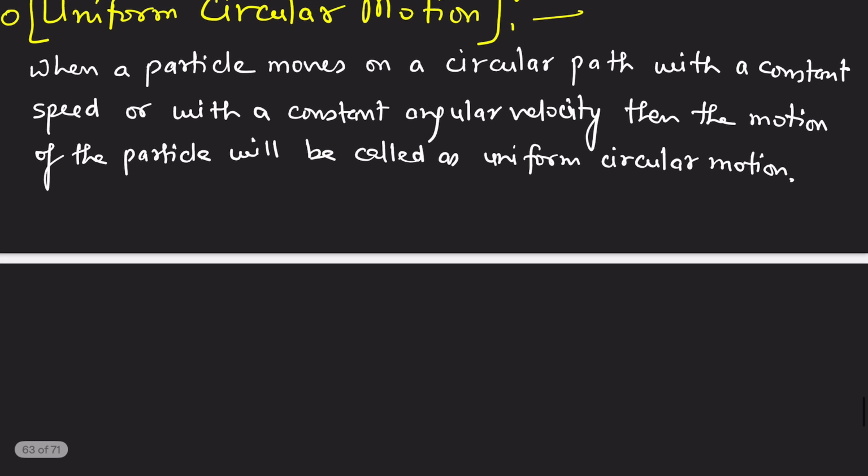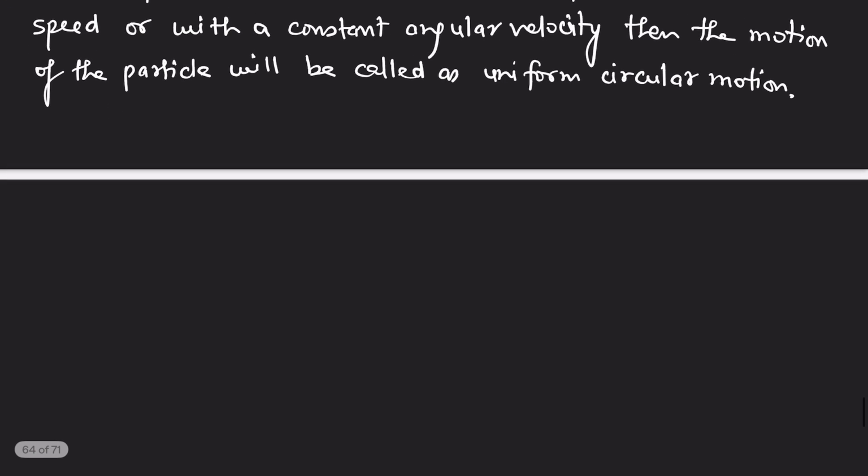Let me physically interpret this to you guys so that you can understand what I am trying to convey here. Suppose you have a circular path like this, and this is the particle that we are looking at.